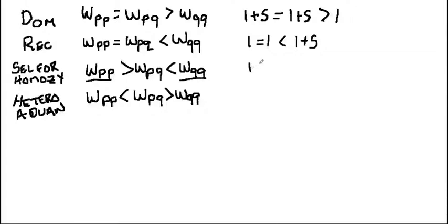So this time we're going to say it's 1 plus S is greater than 1, and 1 is less than 1 plus T. Now, if you remember, I told you guys that most of the time we take our lowest fitness value as equal to 1.